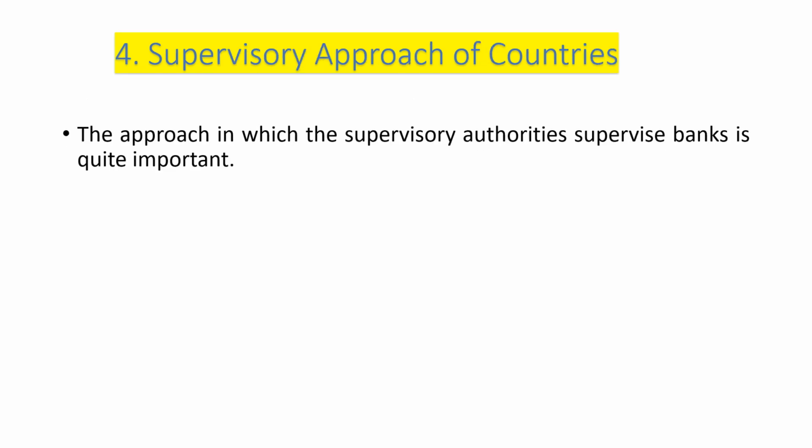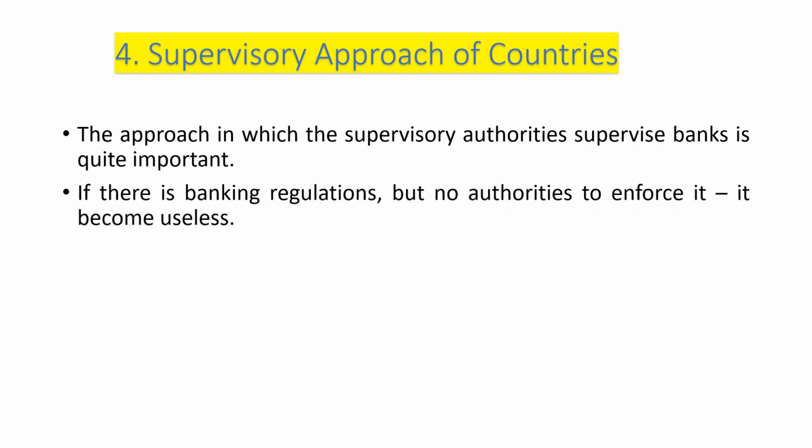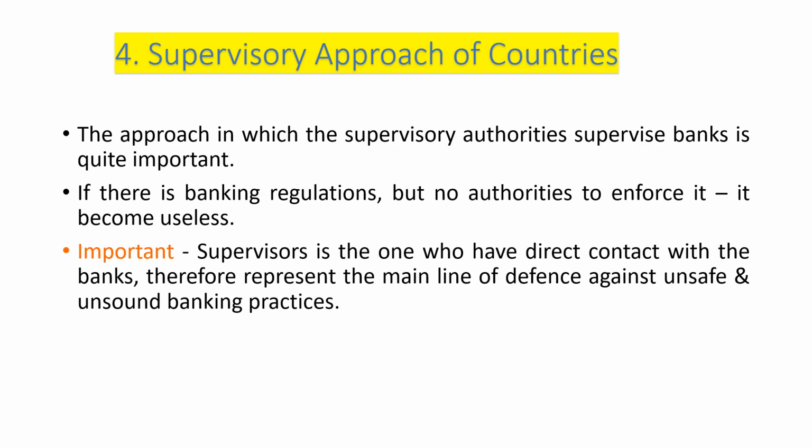Supervisory approach of countries. The approach in which the supervisory authorities supervise banks is quite important. If there are banking regulations, but no authorities to enforce them, they become meaningless. It is important to have supervisors that have direct contact with banks, therefore representing the main line of defense against unsafe and unsound banking practices.